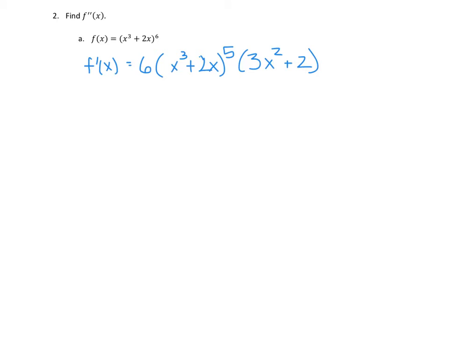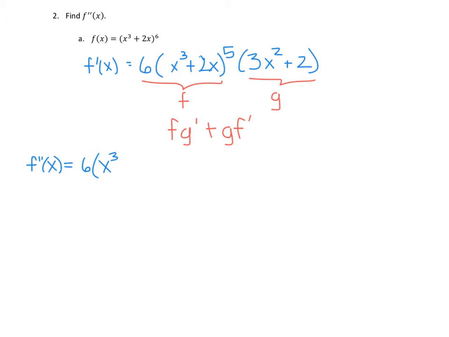Notice here we have a product. So we're going to be using the product rule. So I'm going to label the first one here as f and the second here as g. So the product rule says we do f g prime plus g f prime. So our second derivative then is going to look like 6 times x cubed plus 2x to the fifth.